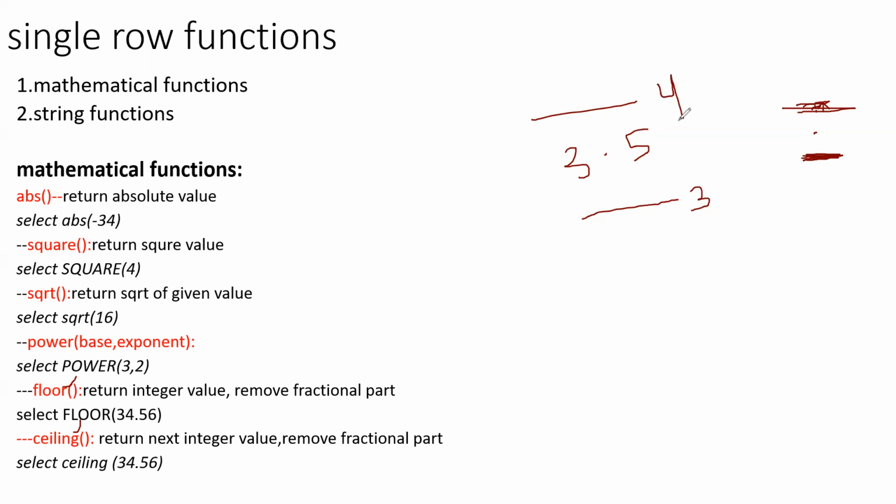It's 4, right? Floor is the lower value and ceiling is the value above that, which is an integer value, not a float. Okay. Now like that we can find the solutions for these two.